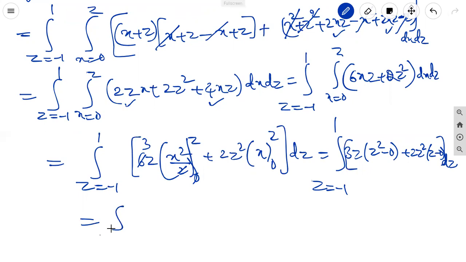It is equal to integral z equals -1 to 1, 3z cube plus 2z cube dz.